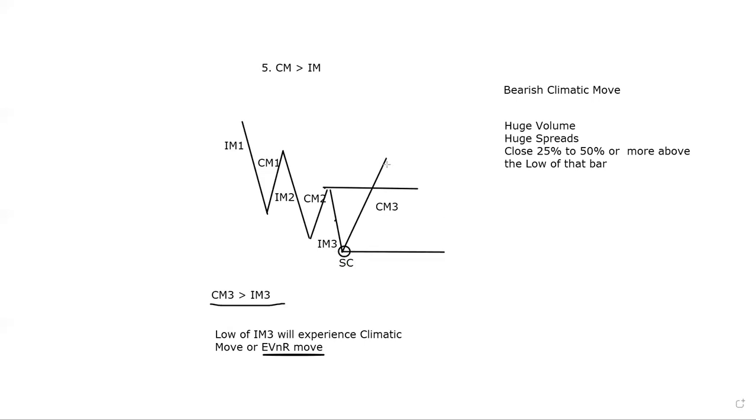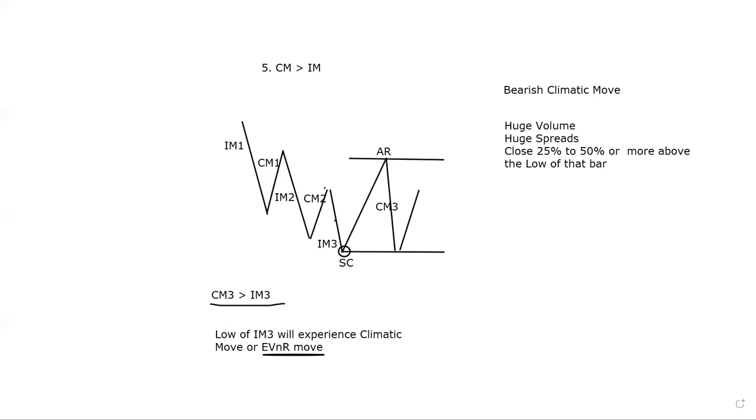Now the price will come back, test this region, go up here, and then we have this high here. It becomes what? AR. Okay. Then we have a secondary test.